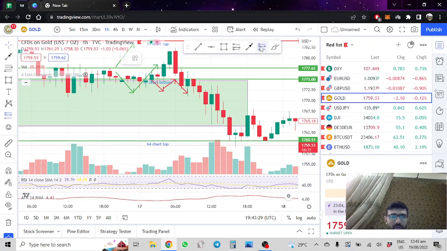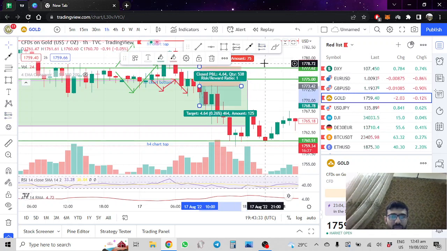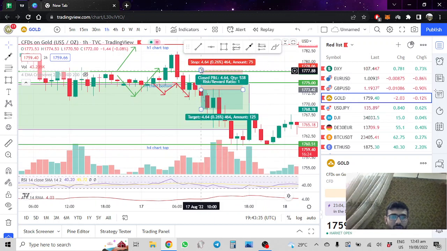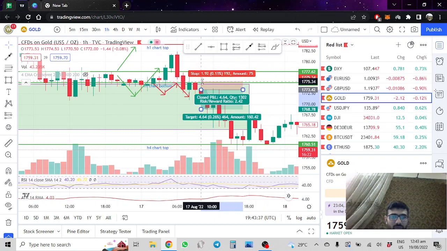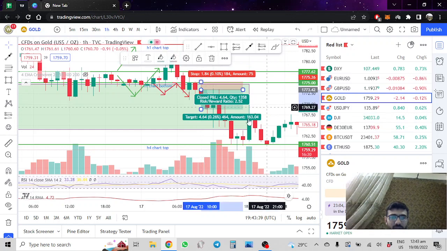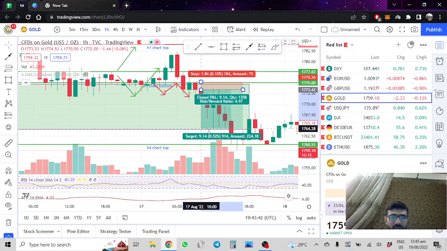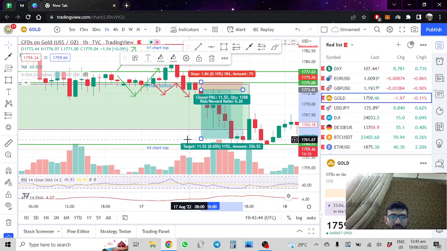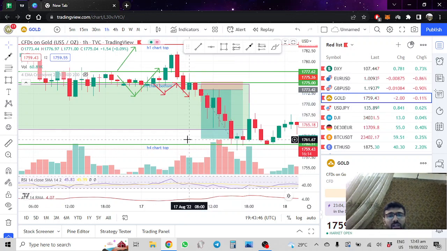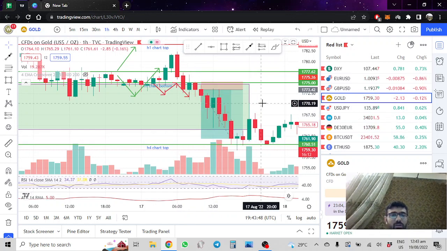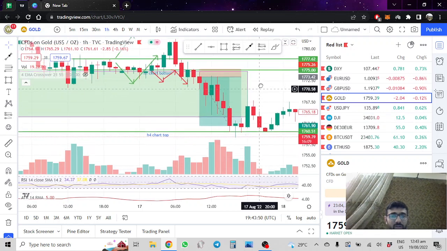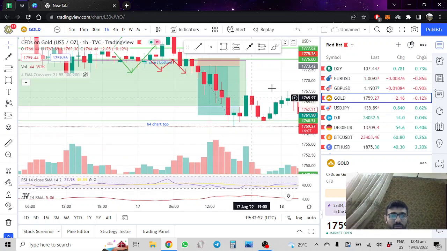The amount of profit that you guys could have made easily would be around, let me take a trade for you guys. It is very important that I mark these profit ratios for you, so you can know that not every trade is successful and not every trade's risk to reward is similar to the other.